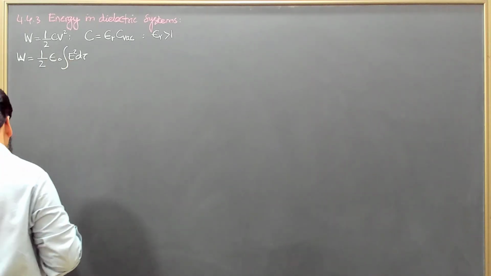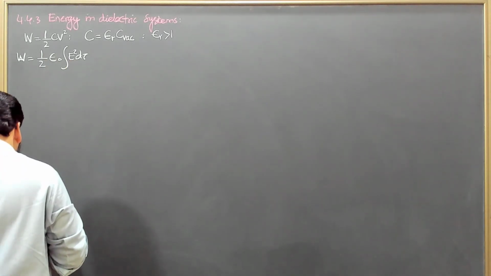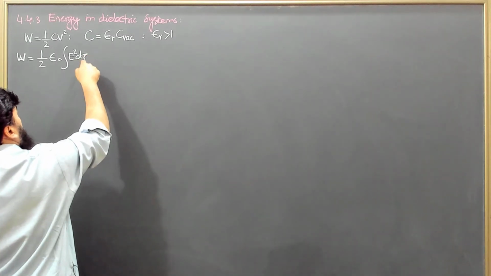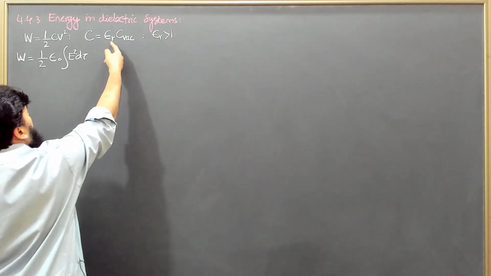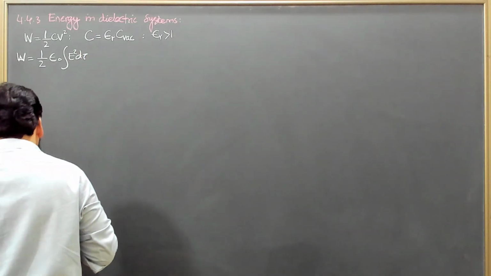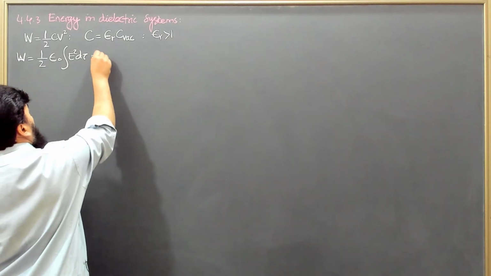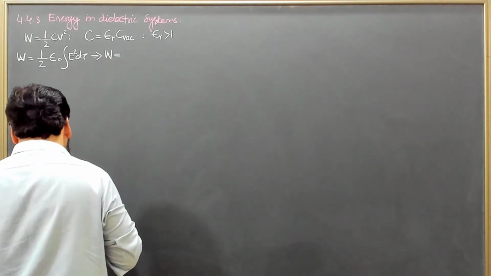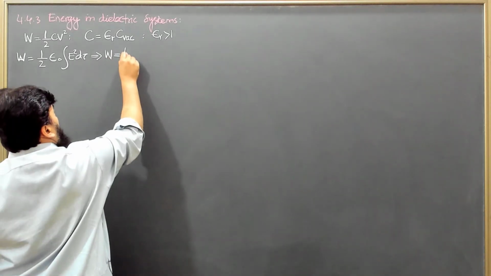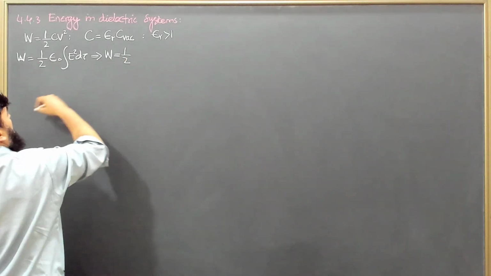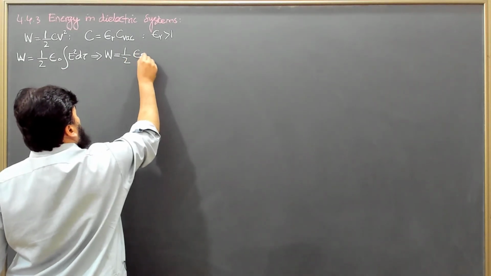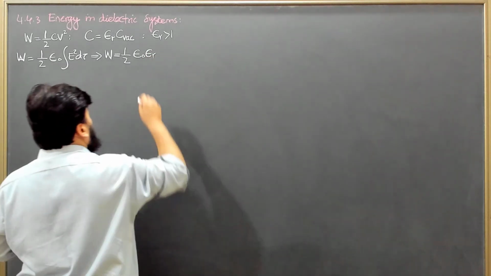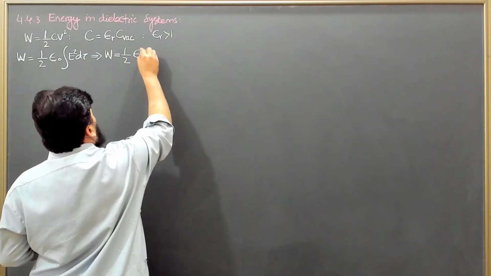Now when we fill the system with a dielectric material, the energy stored in the presence of the dielectric becomes half, with epsilon naught replaced by epsilon naught epsilon R, times the integral of E squared d tau.